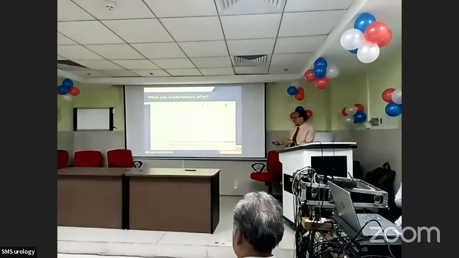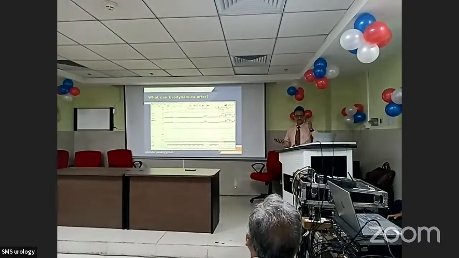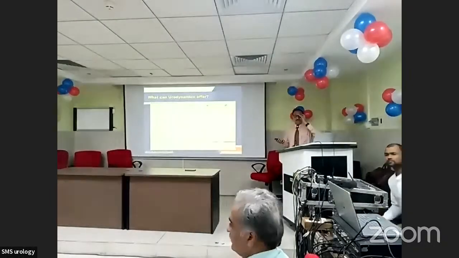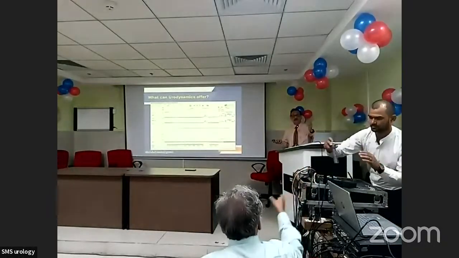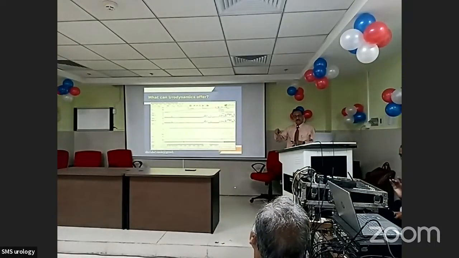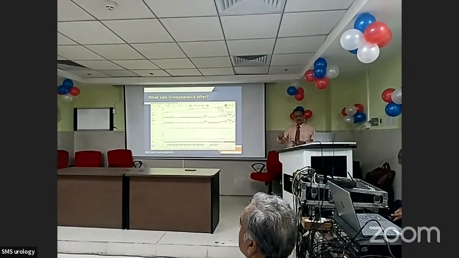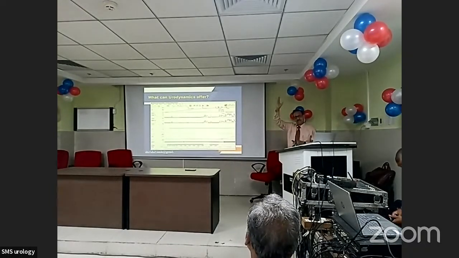So I have almost finished with this. Since you understood, in DSD it's a different phenomenon. The pressure rises because the detrusor is contracting against the closed sphincter, and as we discussed earlier, the pressure depends on the outlet. The outlet is closed, the bladder is contracting. That's why the pressure goes on.